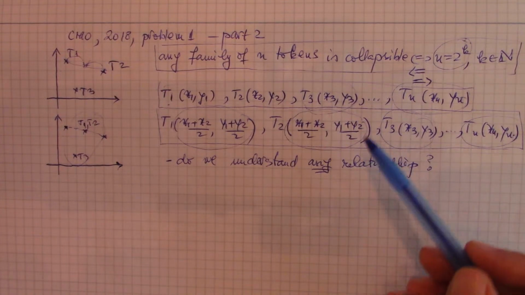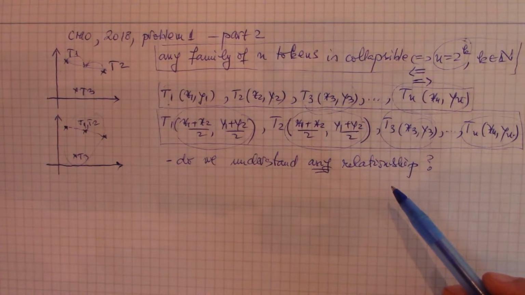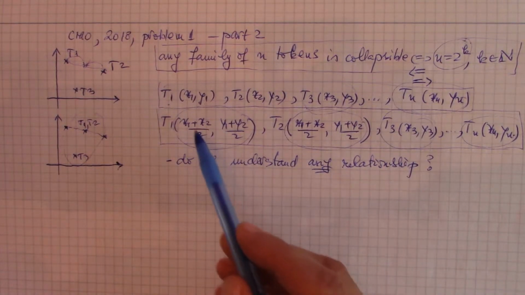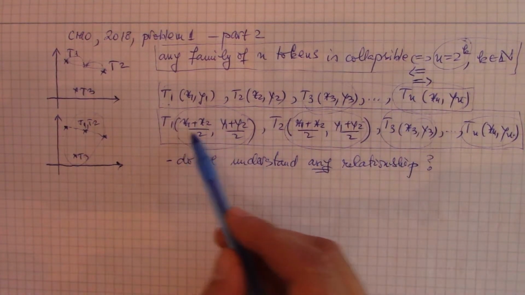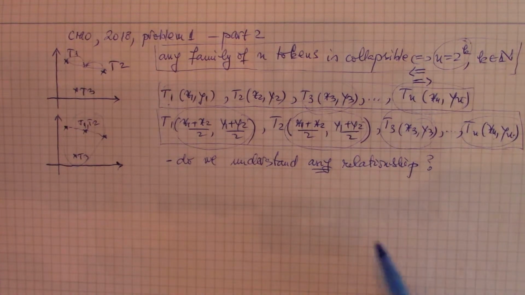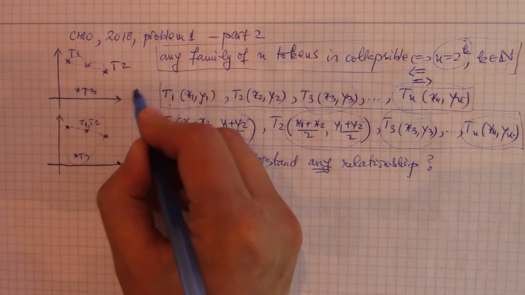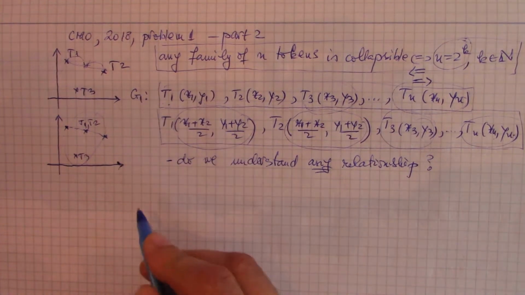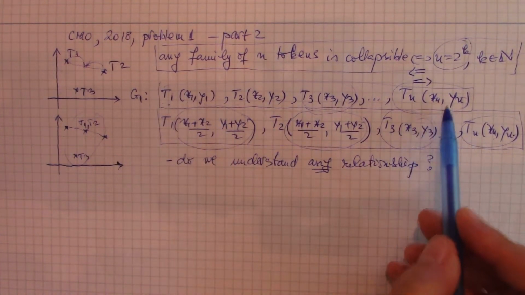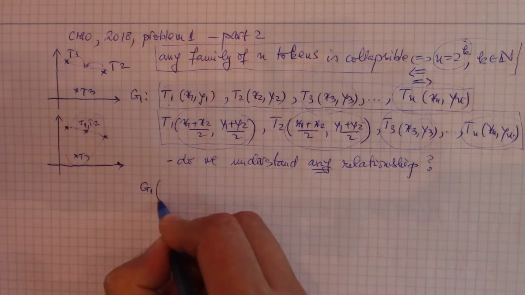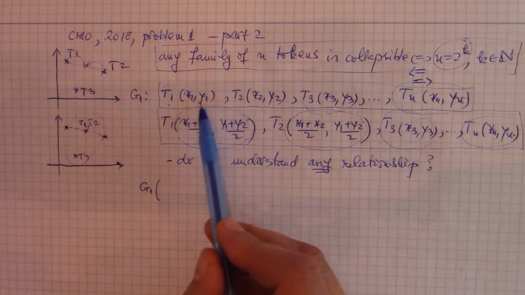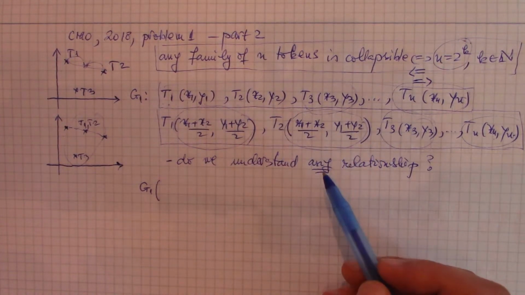Okay, so maybe pause the video for a minute and think about that question. All right. Now, the relationship that I see between this particular arrangement of tokens and this particular arrangement of tokens is the following. Let's say G1 is the center of gravity of this arrangement of tokens, so G1 is the point that we obtain by averaging the coordinates of these tokens.